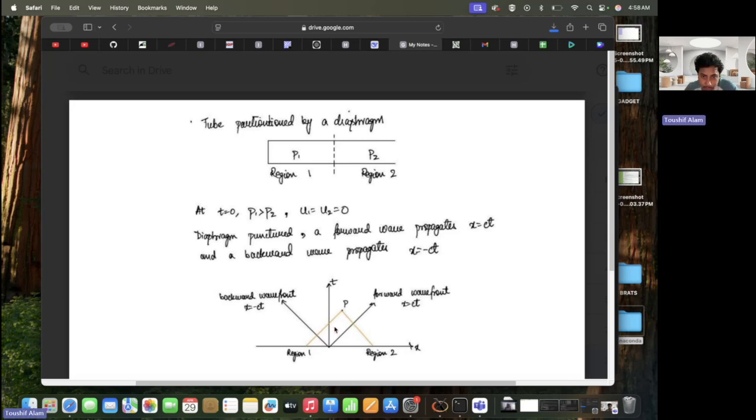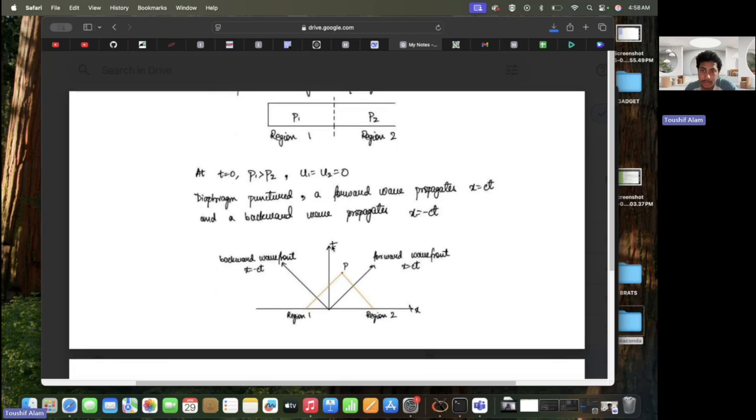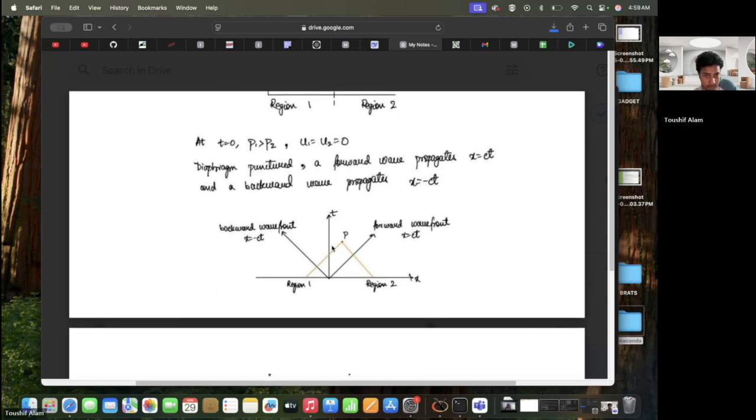Or you can say that this term depends on 1 by c, right? And x equals minus ct will be this term, depending on c or 1 by c. So the backward wavefront is a forward wavefront.